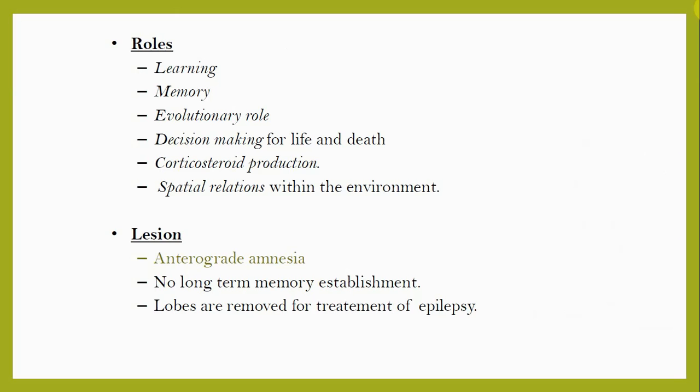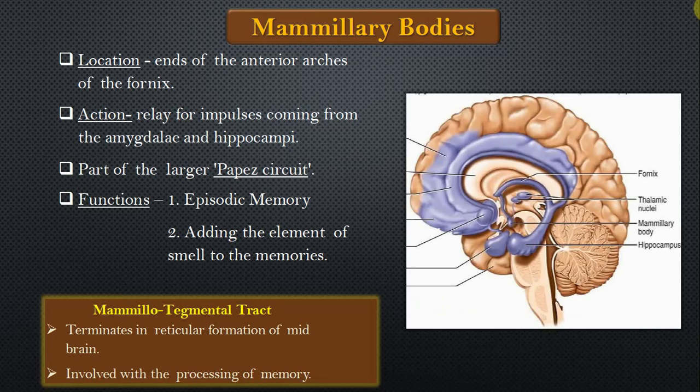It has a role in decision making for life and death. It helps in the control of corticosteroid production. It also has a significant contribution to understanding spatial relations within the environment. We have already discussed that. So lesions in the hippocampus will lead to anterograde amnesia, and there is no long-term memory establishment. And for treatment purposes, in epilepsy, these lobes are removed.